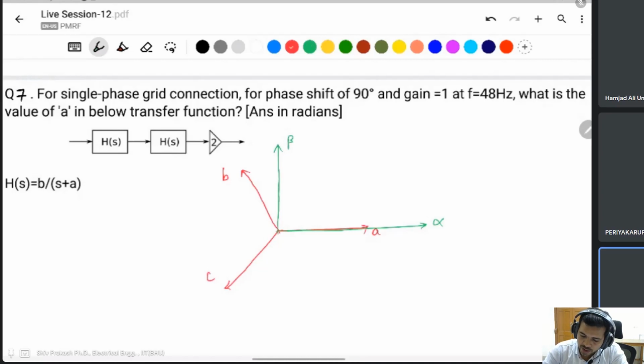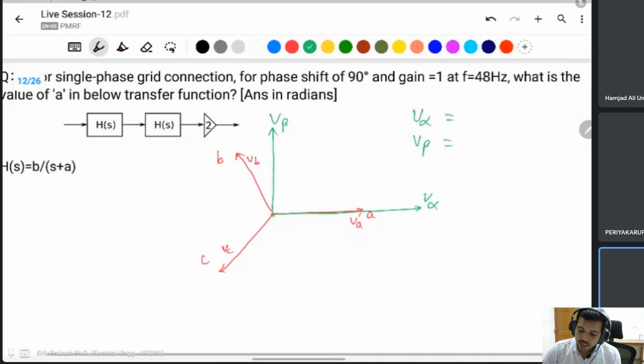If we talk about the voltage, then this is VA, VB, VC, and V alpha, V beta. When we want to find V alpha and V beta, you take a projection of the VA phase on the alpha axis and the beta axis like that.